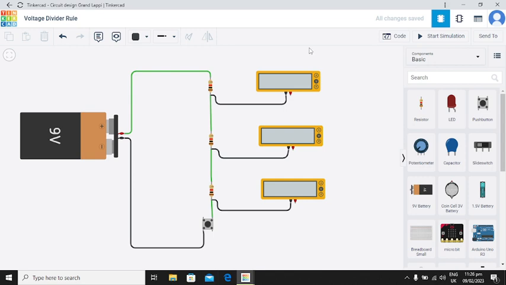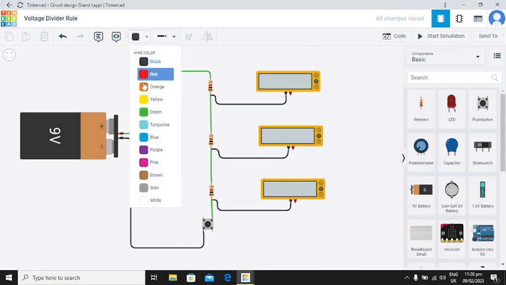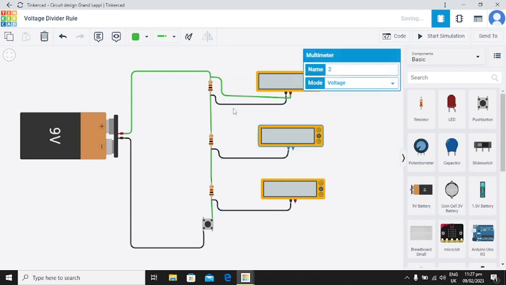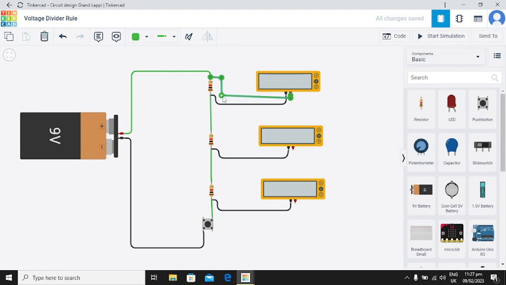I'm using the former wire, and this is positive terminal. It is being connected, connected, and the next one.